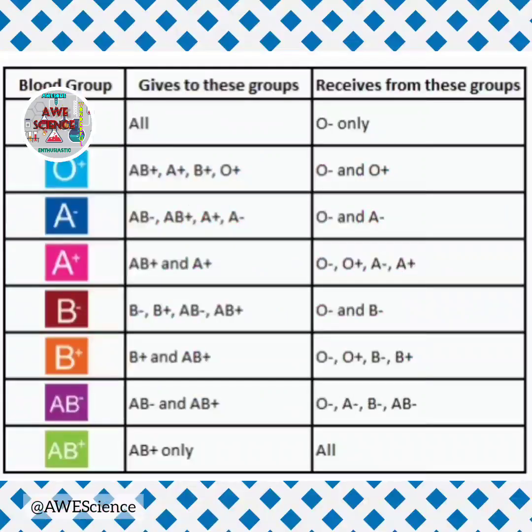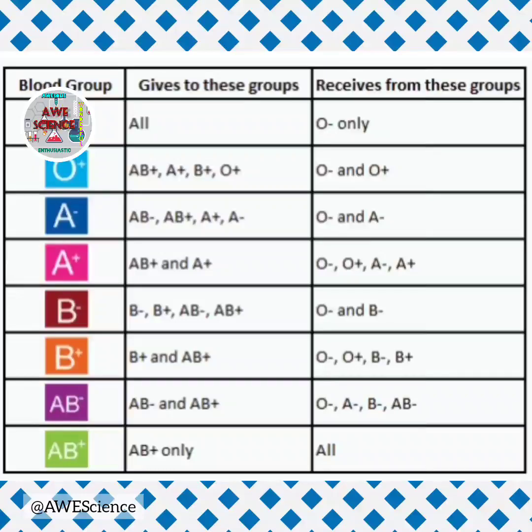This picture talks about the donating and the receiving of the blood groups. A person who has O negative blood group can give blood to all the blood groups, that is the positive ones as well as the negative ones, but can receive only from O negative.